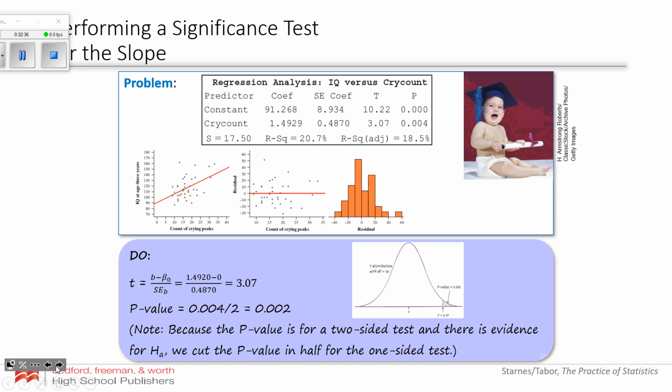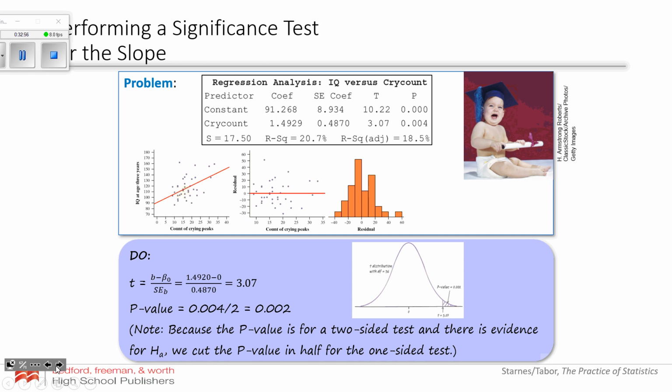Is there a negative relationship? Or is there a relationship? If I just say, is there a relationship, what's my HA going to be? Not equal to. So a lot of times your hypothesized slope is going to be 0.